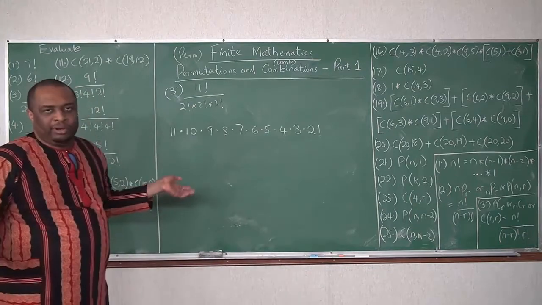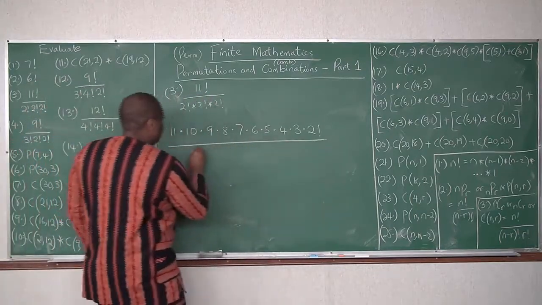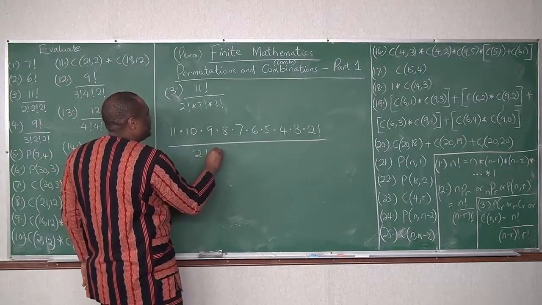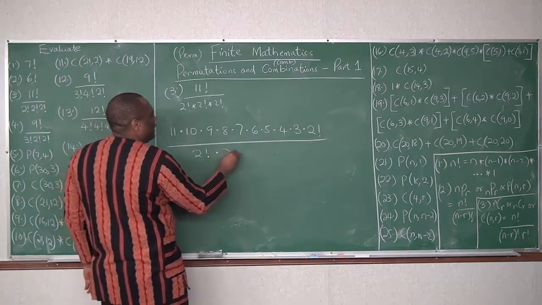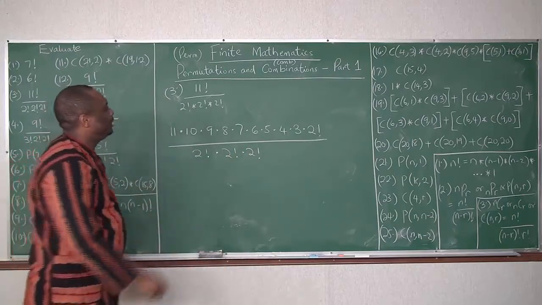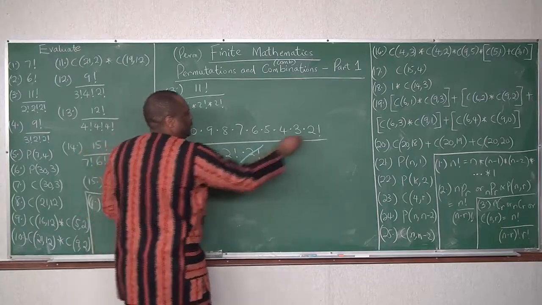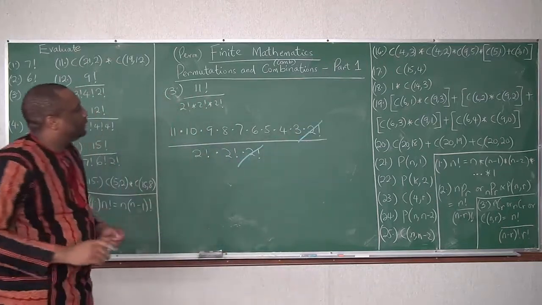Stop at 2 factorial, okay? So that we can cross out. All over 2 factorial times 2 factorial. This is the first step. So we cross out this. Let me use this marker to cross out. Bam, bam. That's gone.